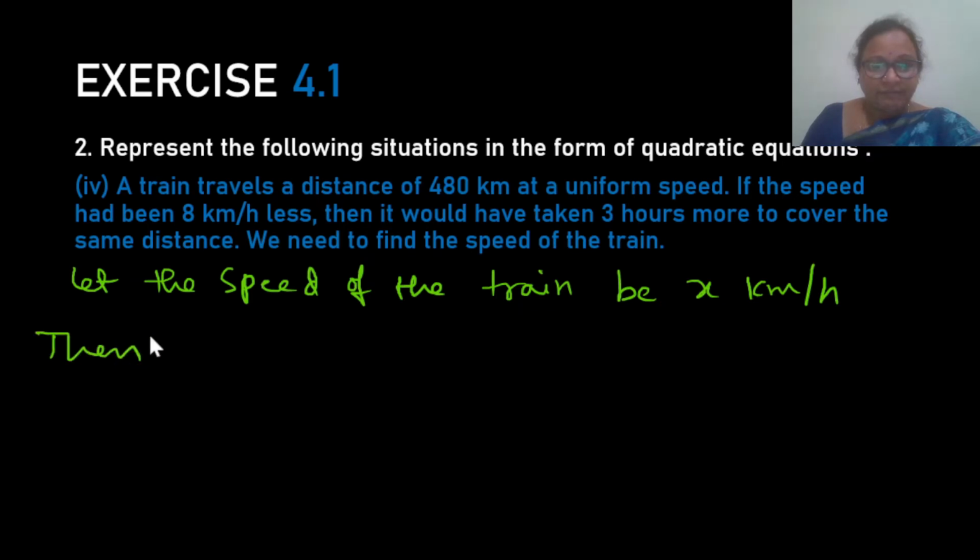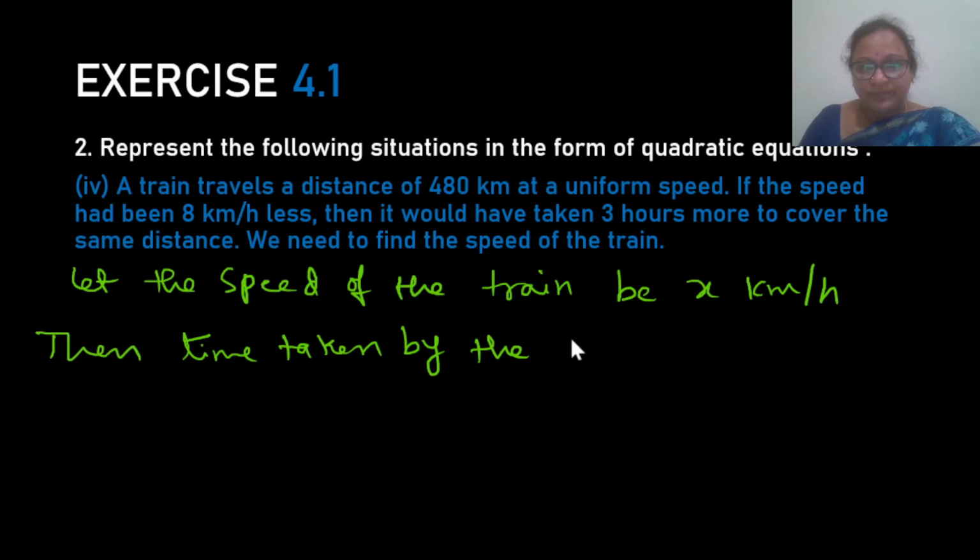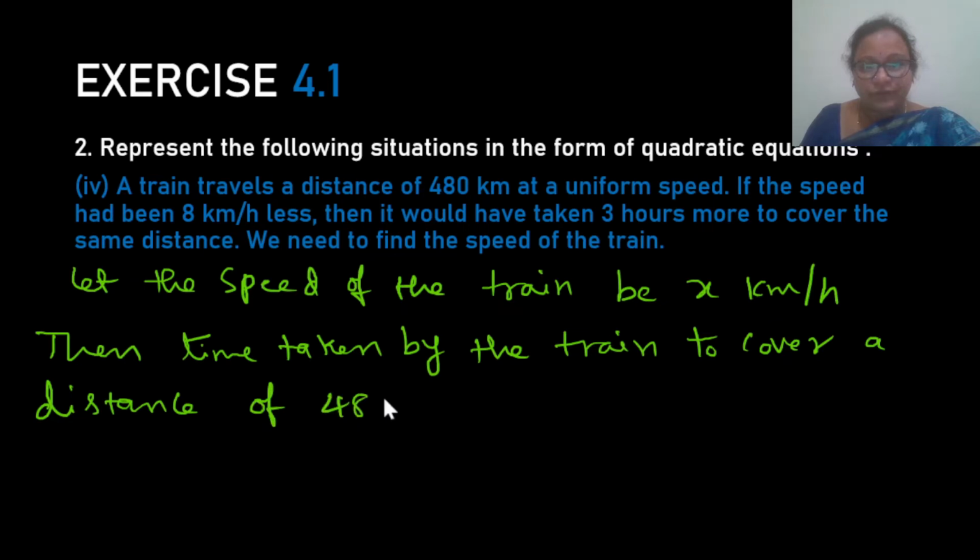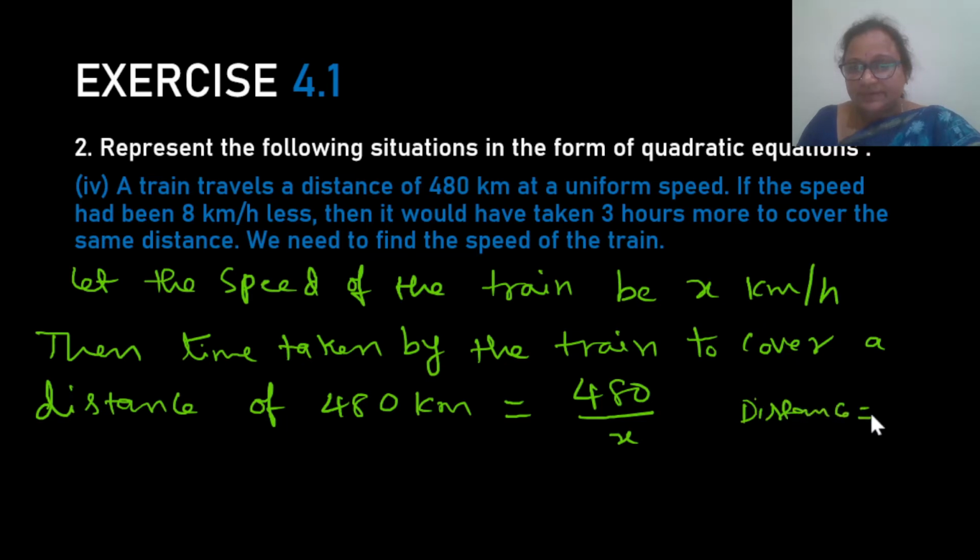Then time taken by the train to cover a distance of 480 kilometers is equal to 480 by x, because distance is equal to time into speed.